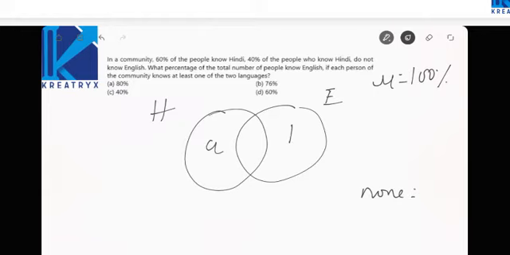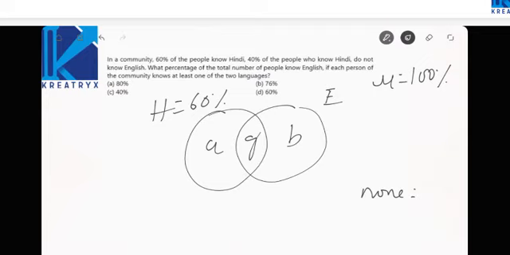None is here. A, B and G, right? See here, in a community 60% of people know Hindi, and 40% of the people who know Hindi do not know English.